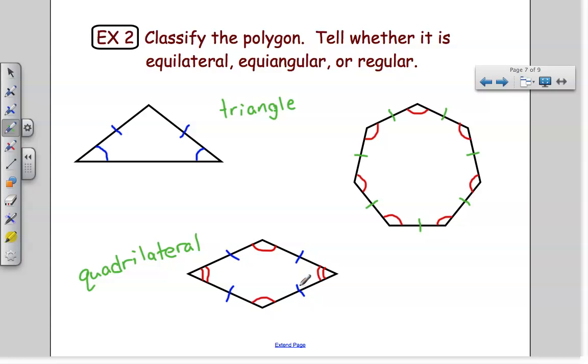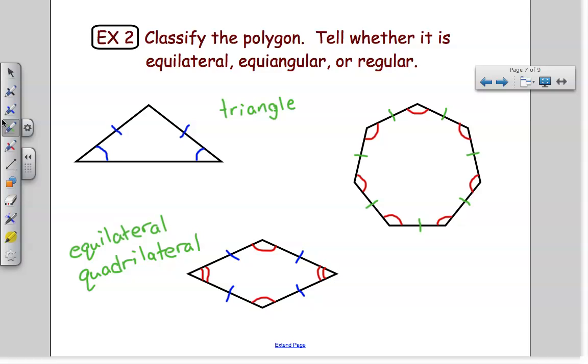Hey, look at that. 1 tick mark for every single side. It's definitely equilateral. Is it equiangular? This means all angles are congruent. Well, these angles are congruent because they both have 1 arc, and then these angles are congruent because they both have 2. But it's not equiangular unless they're all exactly the same. So I'm going to classify this one as equilateral because we saw those sides were congruent.